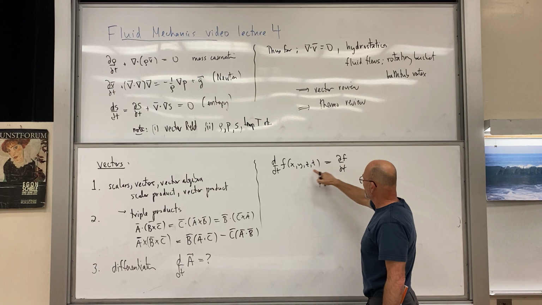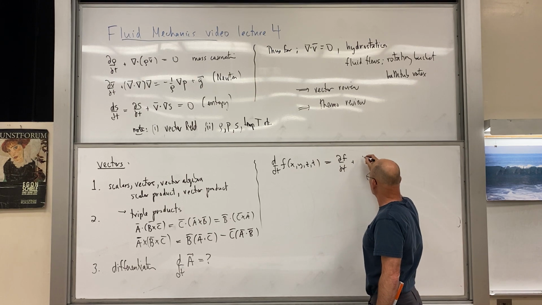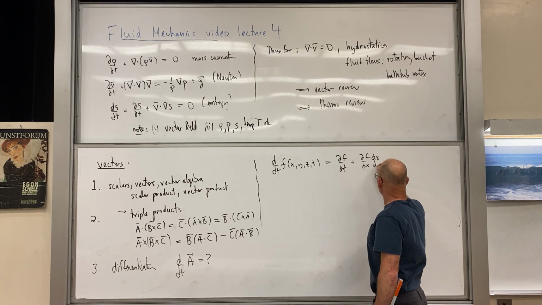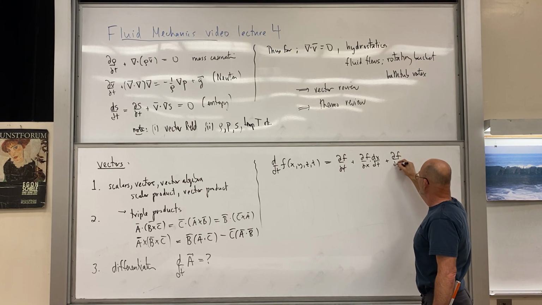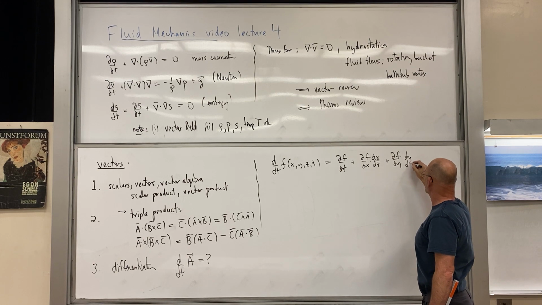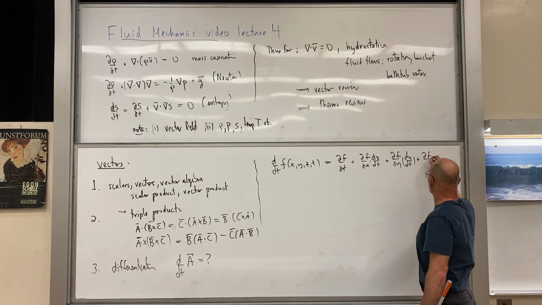But then when you have the chain rule here, you're looking at df/dx, dx/dt, and the same for y and z: df/dy dy/dt, plus df/dz, dz/dt.